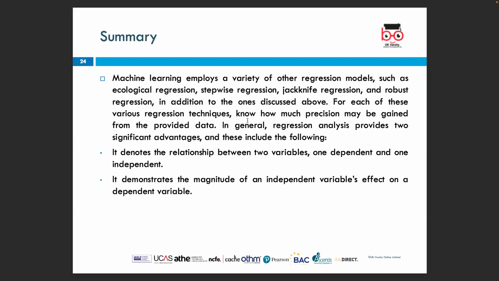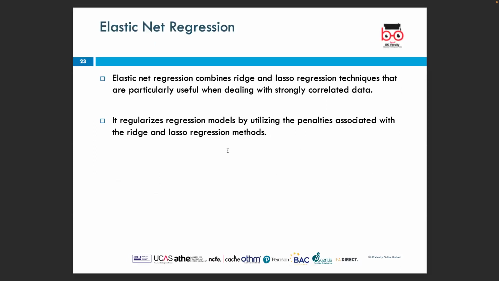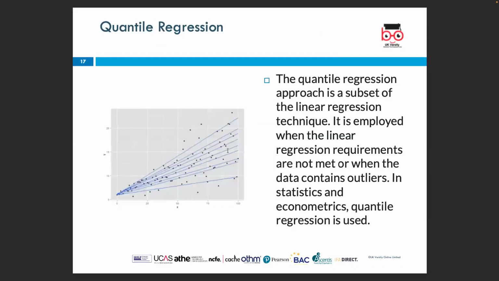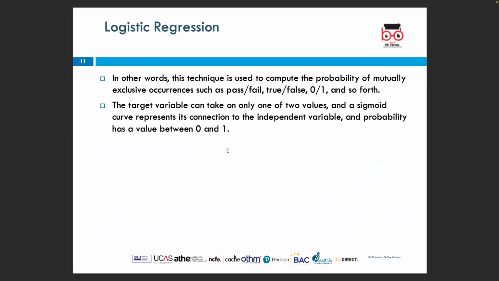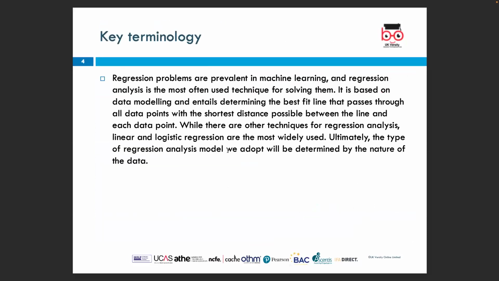In general, regression analysis provides two significant advantages. It denotes the relationship between two variables, one dependent and one independent. It demonstrates the magnitude of an independent variable's effect on a dependent variable. That's the summary, just to recap and go back to what we looked at today.